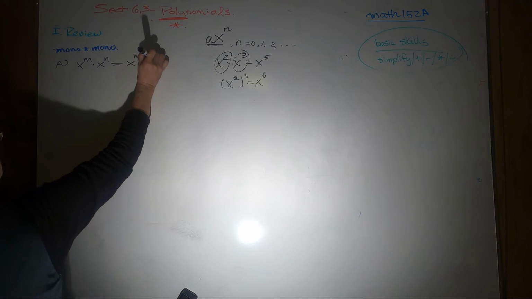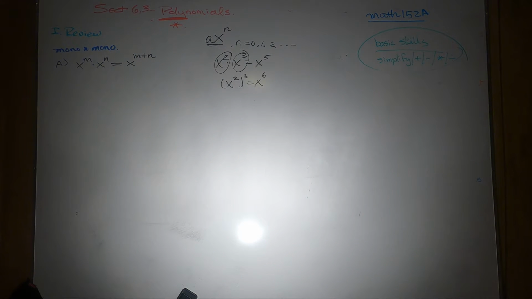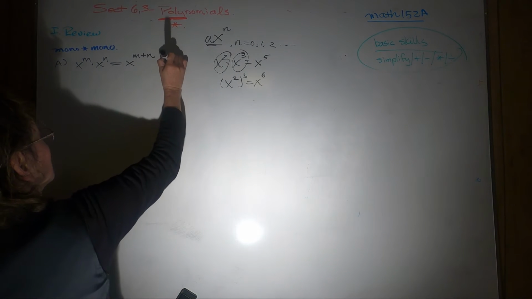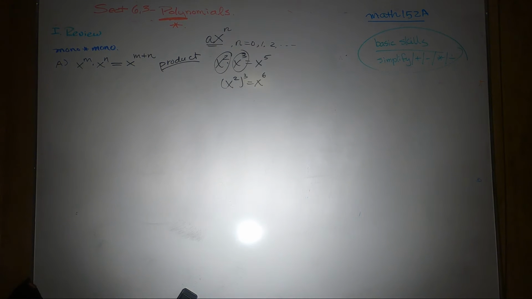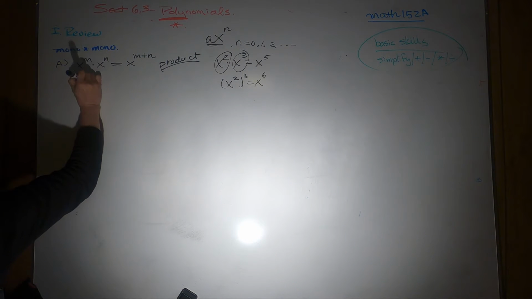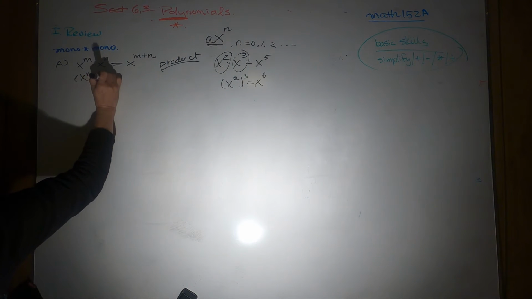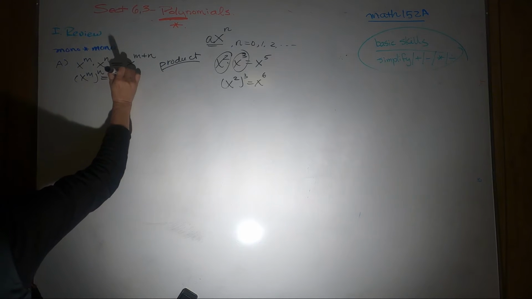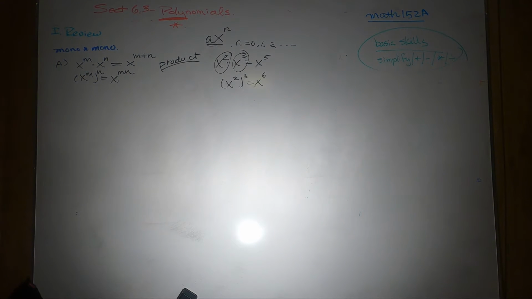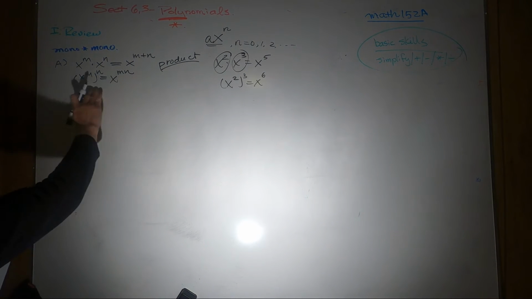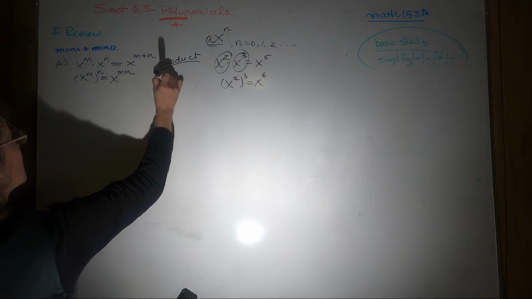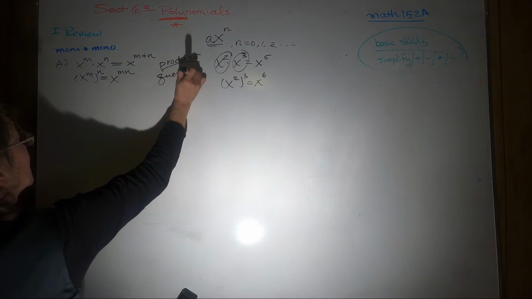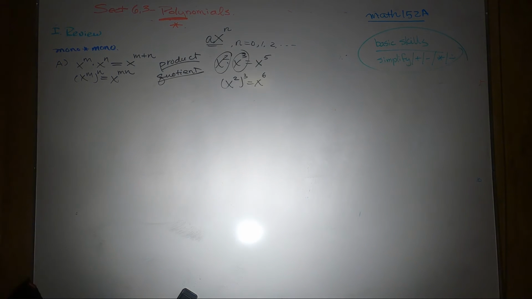You add your powers, right? Still one term. We'll call this the product property, right? We also did x to the m, to the nth. It's what? m times n. This one and many monos multiplied together, right? We call this the quotient property. We did this earlier, right?